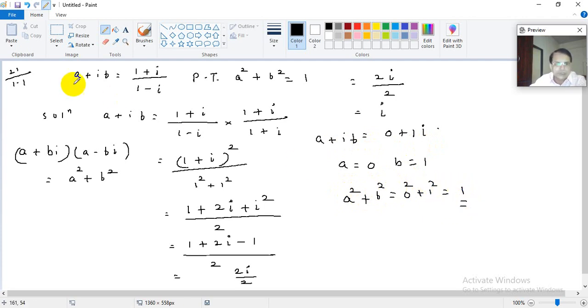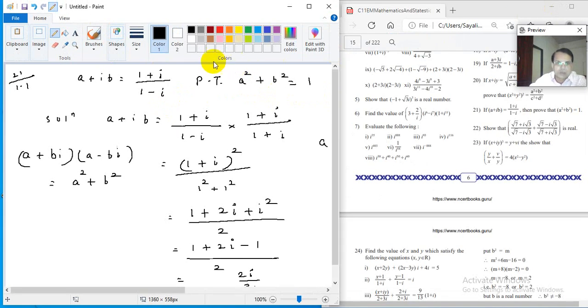So this is how this problem can be managed. We have shown that a square plus b square is 1, right? So that is done.